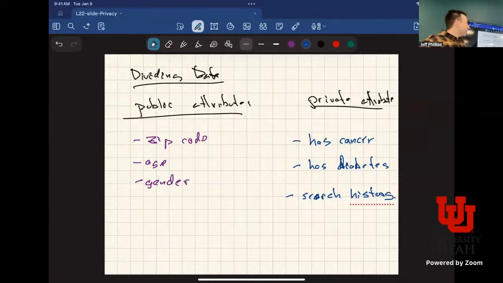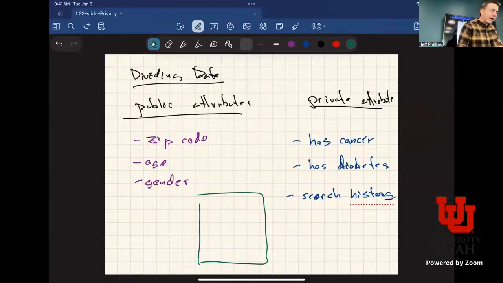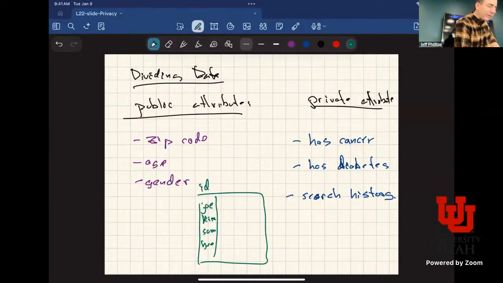But what could go wrong is I could release a set of information. So this is like the ID. These are someone's name, Joe, Kim, Sam, a bunch of people, and I have some information here that has been released.